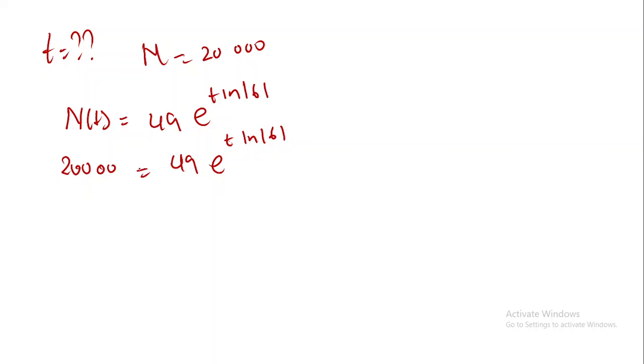So let's do the math here. We can divide 20,000 by 49. We're going to have 20,000 over 49, which is equal to e to the t ln of 6.